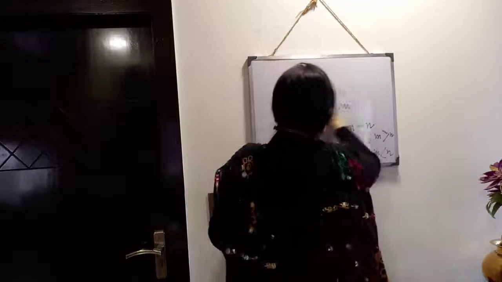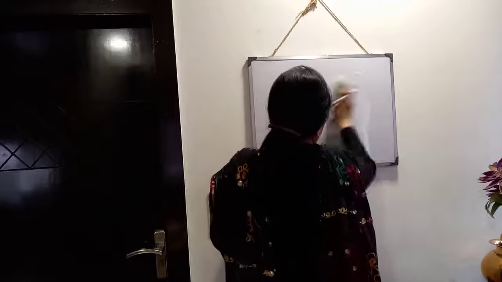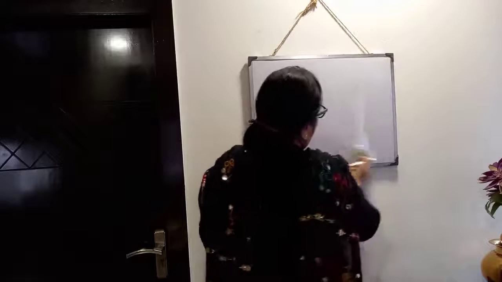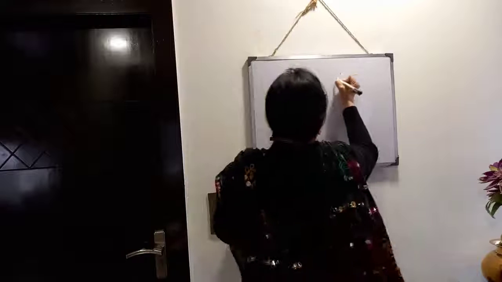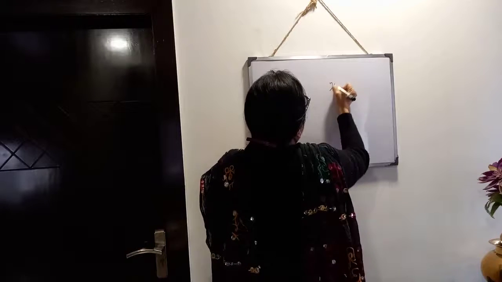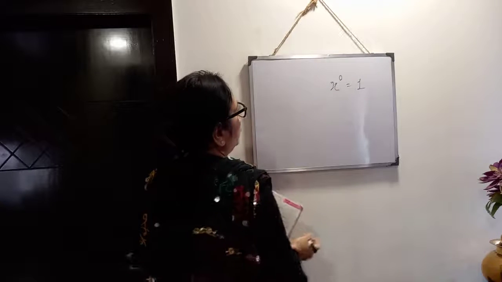Now see, this chapter is the easiest chapter in your syllabus of class 9. So all of you, from the beginning, should practice properly. First sum, find the values of this. Okay, another thing I have not told, that any finite quantity to the power 0 is 1. x to the power 0, value is 1.